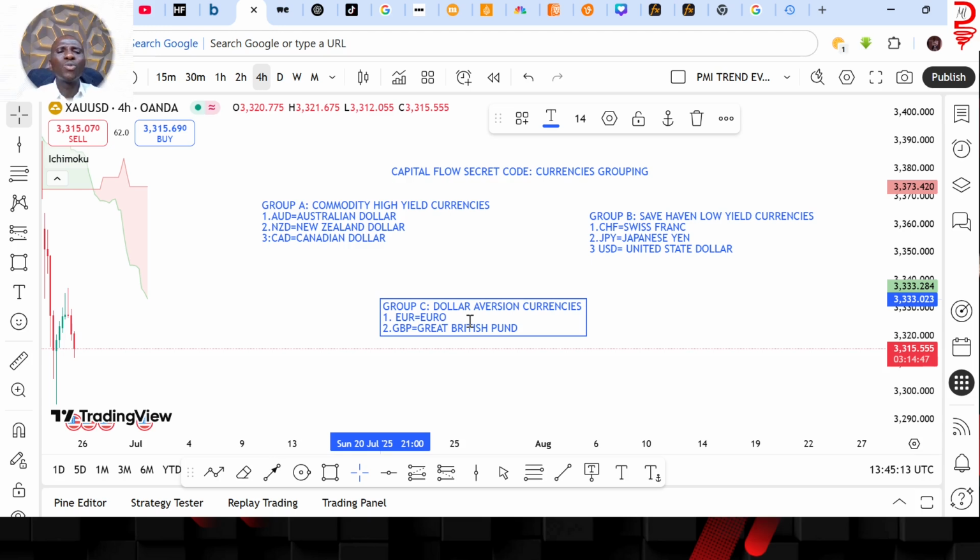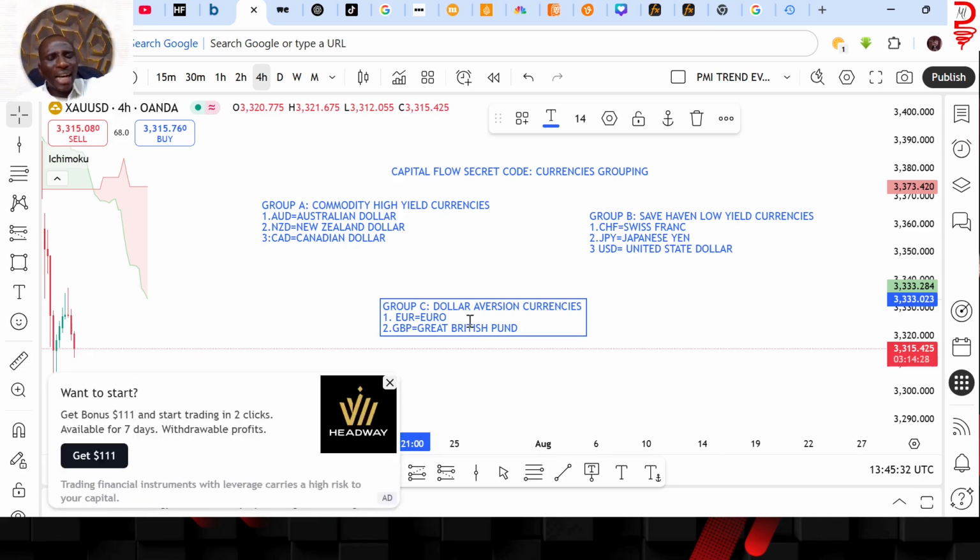So there is going to be aversion of dollar. In fact, currently since March of this year, 2025, we are in June now, there has been dollar aversion. That is why if you go and check the DXY as of today, the DXY is on a downward trend, which is showing us that there is dollar aversion.